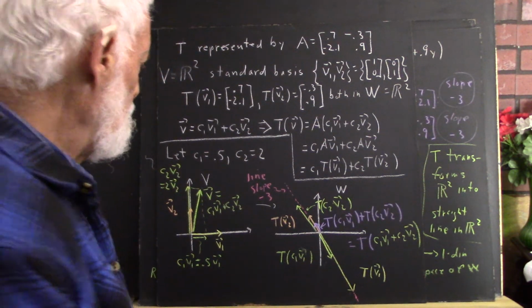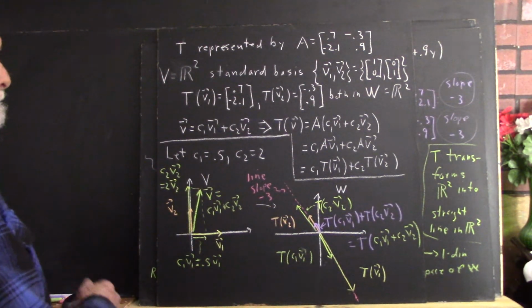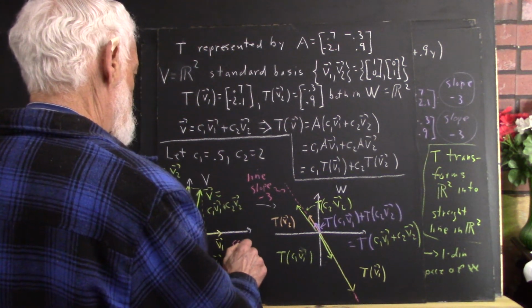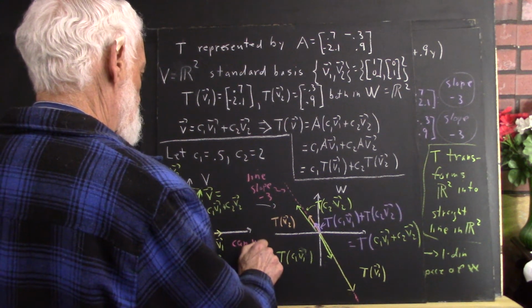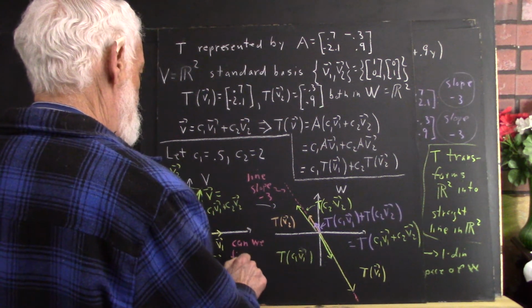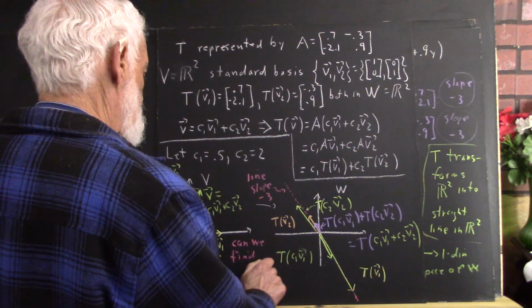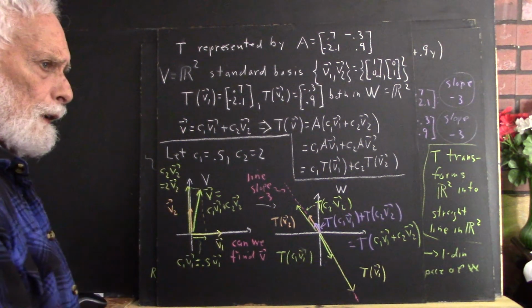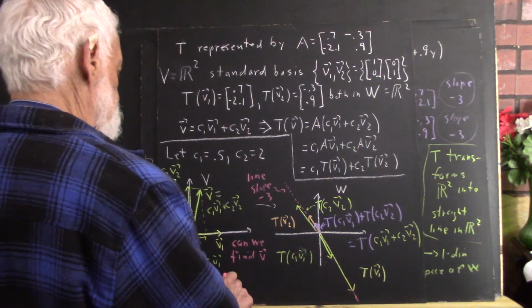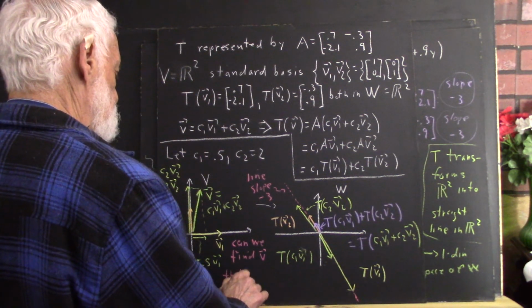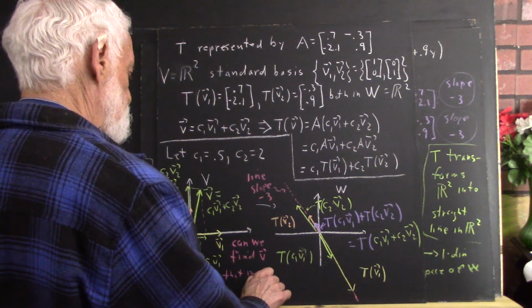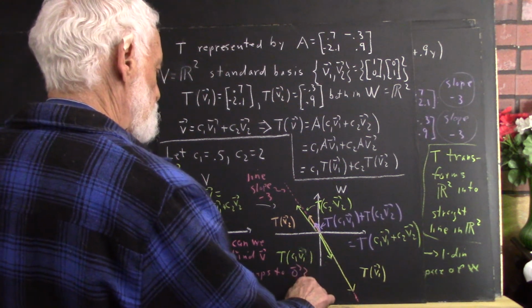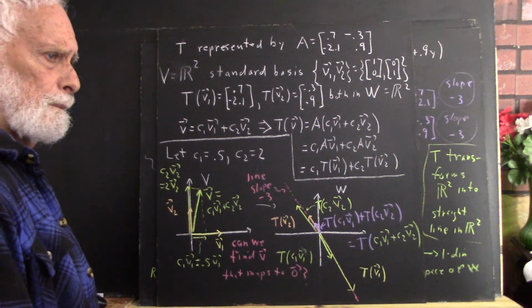So, write the question here. Can we find a V that maps to the zero vector?